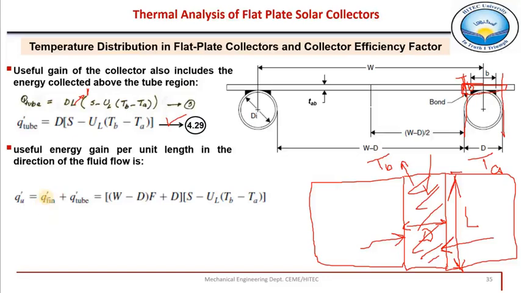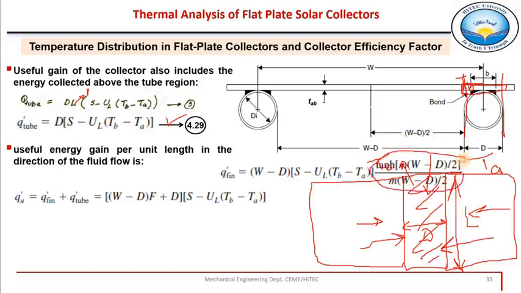And this Q fin, which we have already derived in the previous slides, coming from this side and also from this side, per unit length with L assumed 1, is given by this equation, where this part or this term represents the fin efficiency.